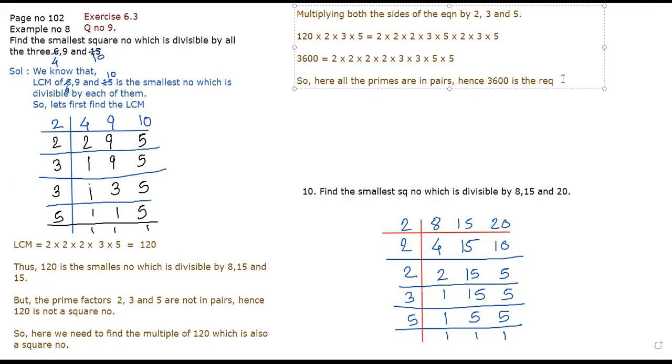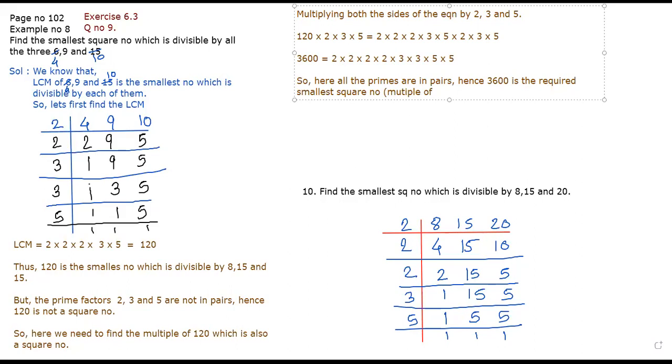Yes or no, children? It is the smallest required square number. And this square number is actually a multiple of 120.